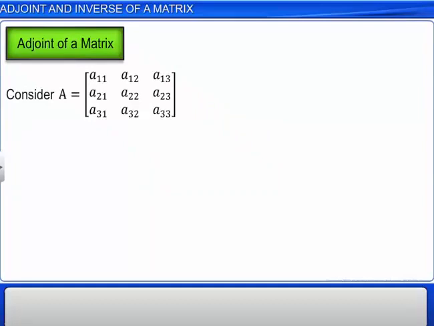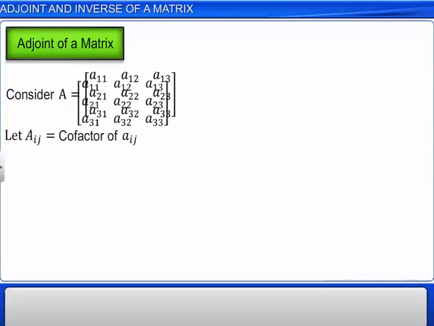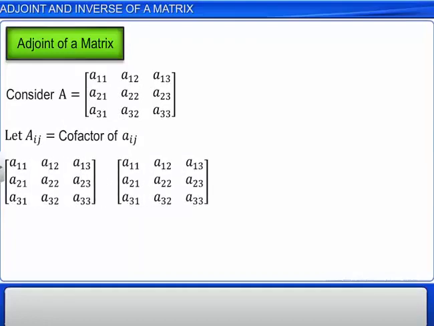Let Aij denote the cofactor of the element aij of matrix A. On replacing the elements of the given matrix A by their corresponding cofactors, we get the matrix shown here.